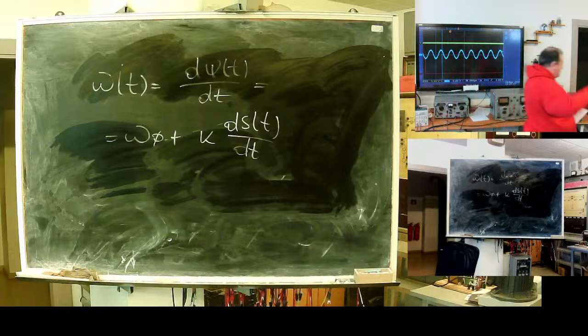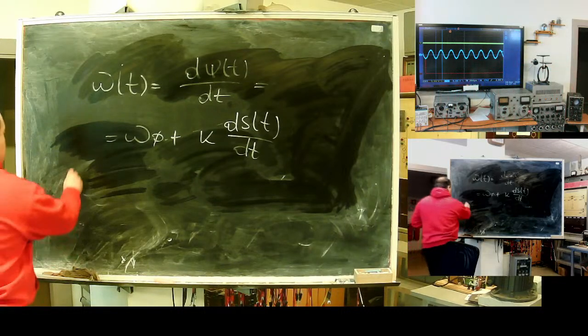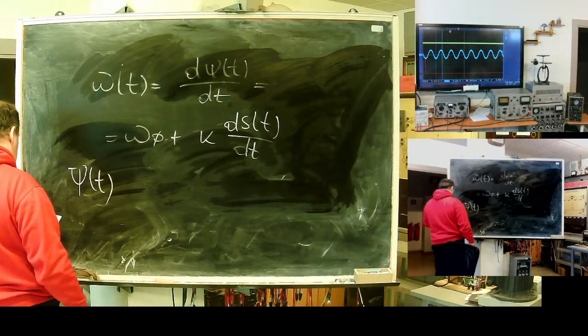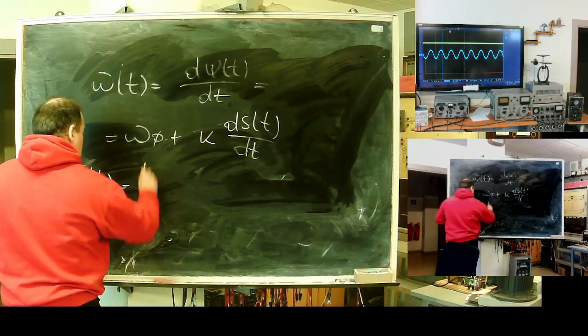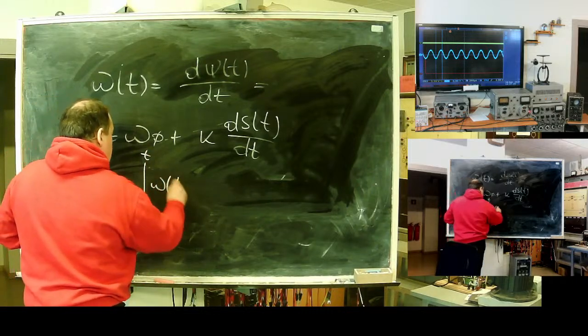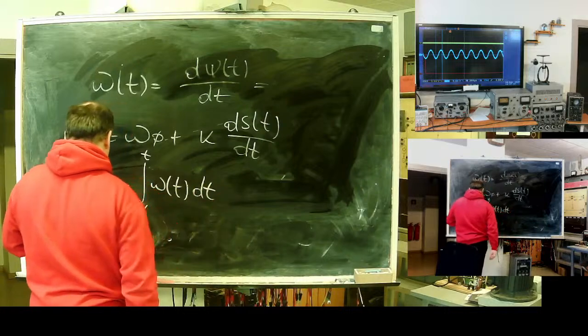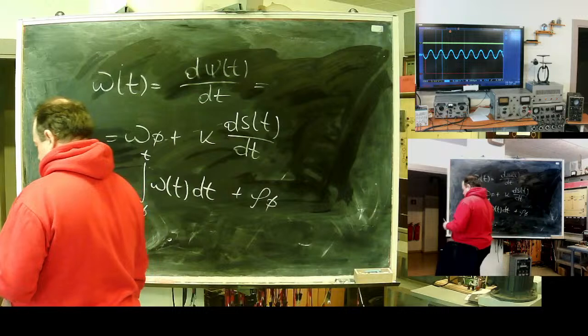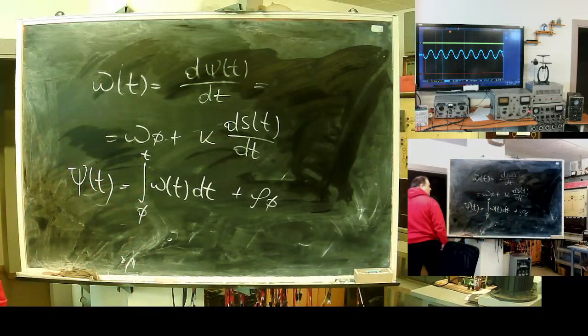And going the full circle, I can find this cosine argument as an integral from 0 to time of omega. Of course, I need to care about the starting angle.